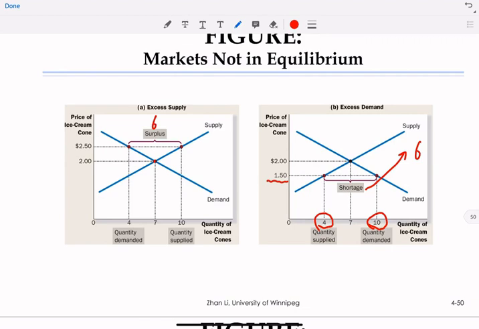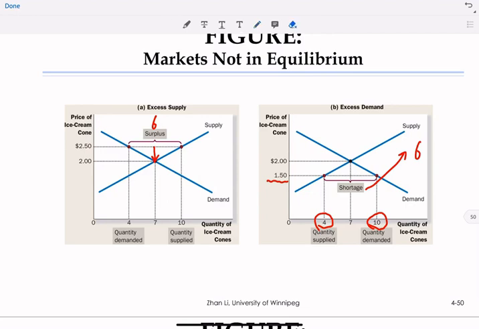And basically this says a lot of sellers will want to sell, but there are not enough buyers. You can imagine that in the case of surplus, these sellers will compete for buyers. What they would do is they will cut their prices. So this competition force will actually drive down the price to the equilibrium level. So it will pull the price of 2.5 down to the market equilibrium of $2.